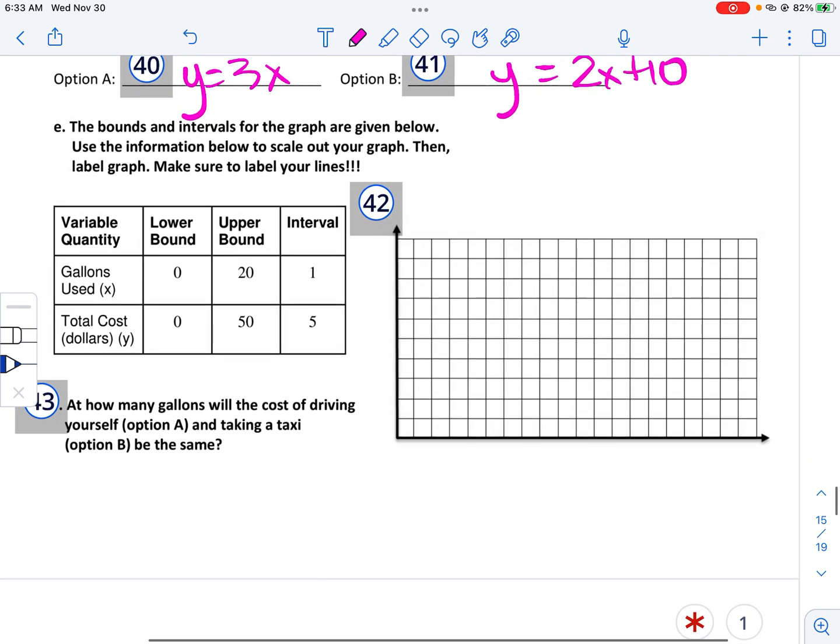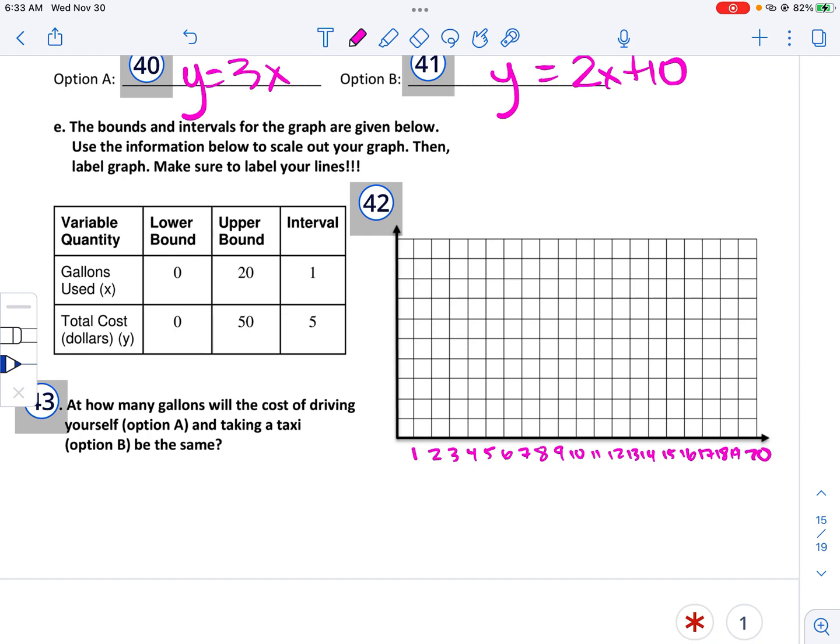Now it tells you that you need to graph this. It tells you that the x's, the lowest is 0, the highest is 20. You're going to go up by ones. So 1, 2, 3, 4, 5, 6, 7, 8, 9, 10, 11, 12, 13, 14, 15, 16, 17, 18, 19, 20.